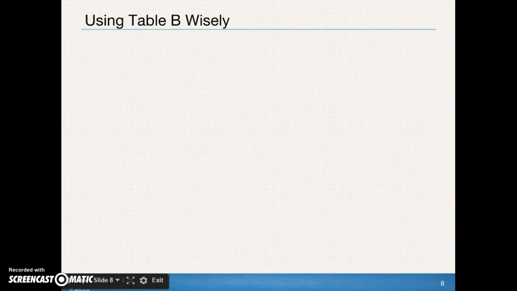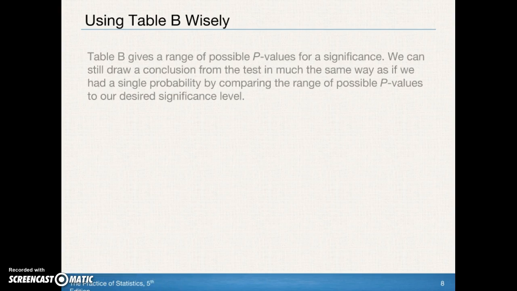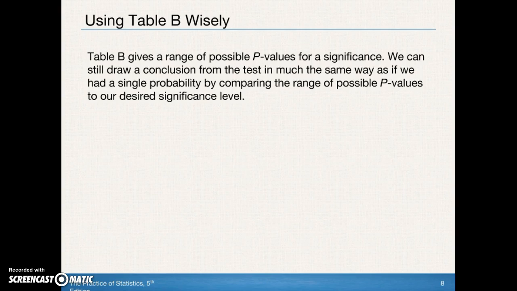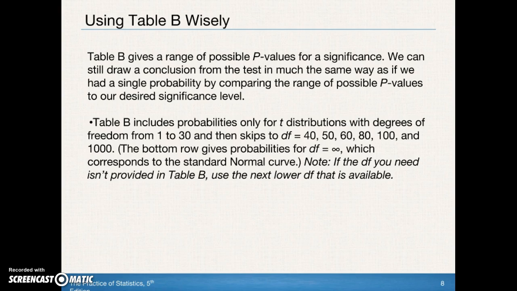So just some hints along the way, or things to watch out for. Again, table B will always give us a range of p-values this time. It's not going to give you a particular percentage like the Z table does. Sometimes table B includes probabilities 1 through 30, and then 40, 50, 60, 80, 100, and 1,000.